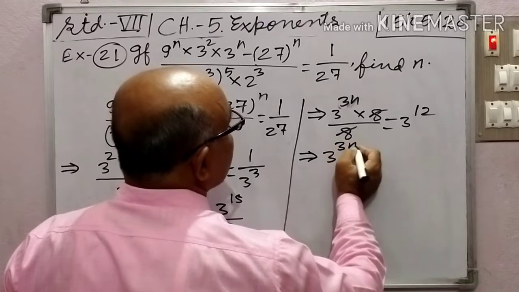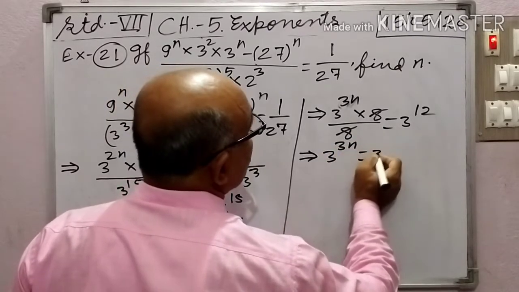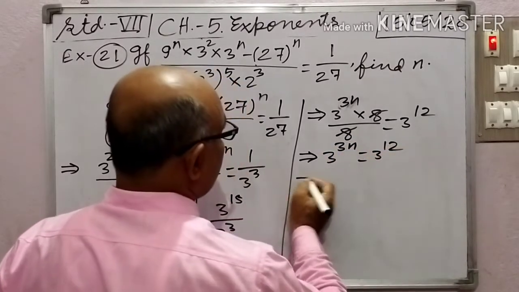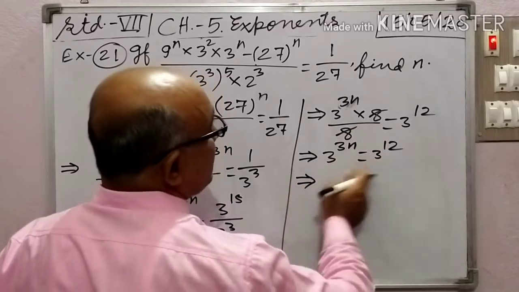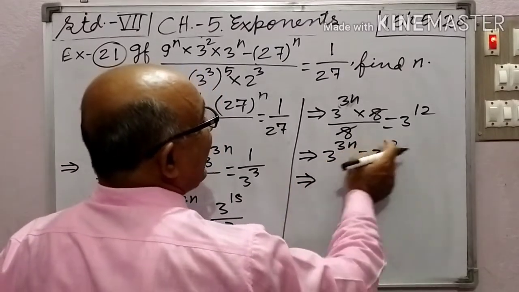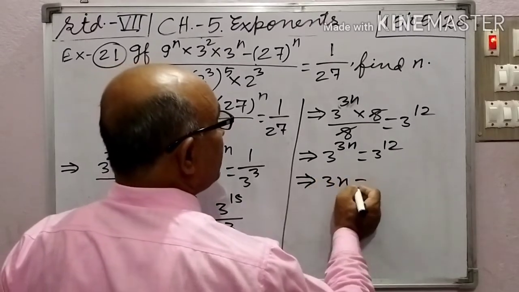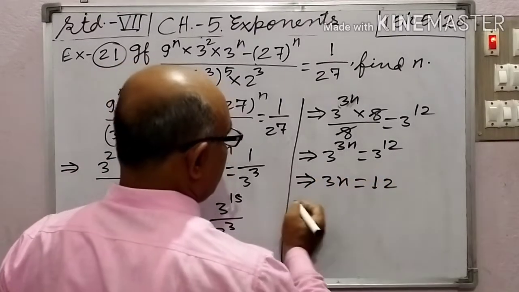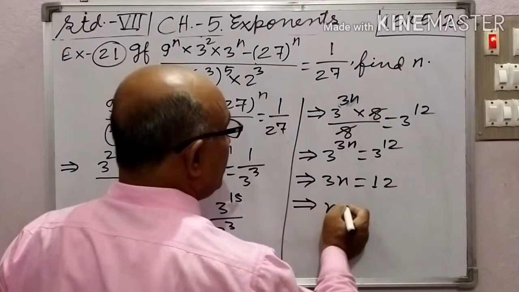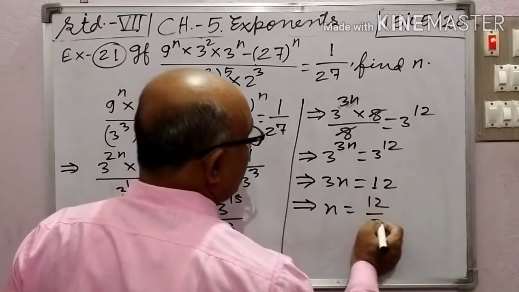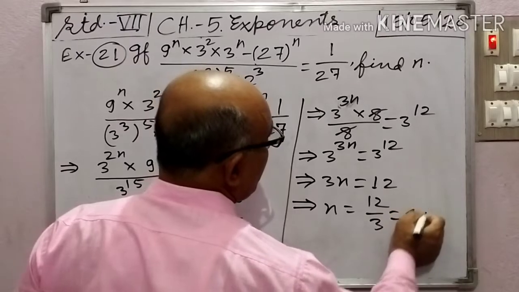Now 3 to the power 3n equals 3 to the power 12. Here bases are same, so indices are also equal. That implies 3n equals 12. That implies n equals 12 by 3 equals 4. Answer.